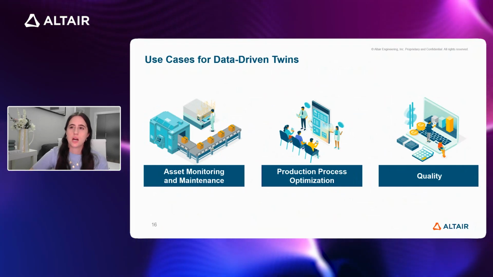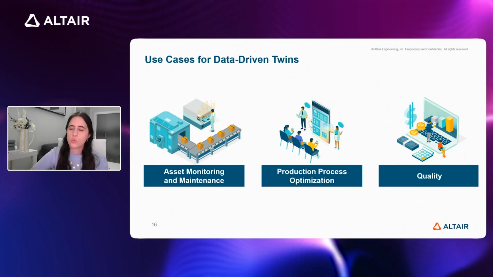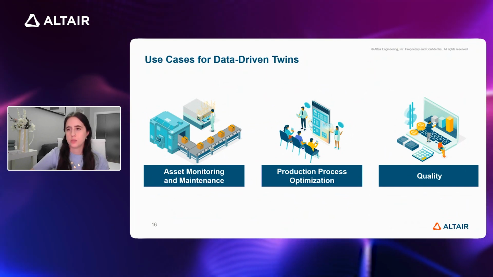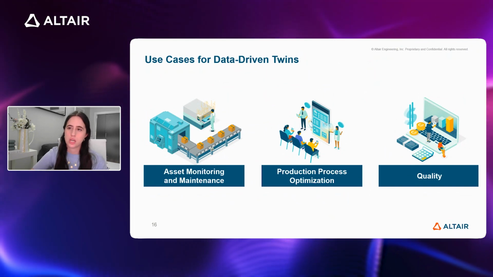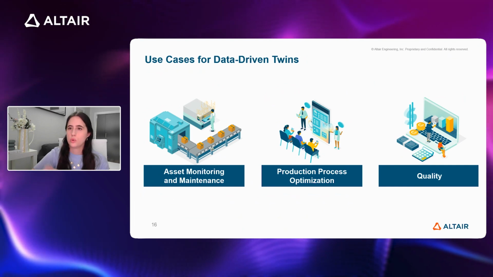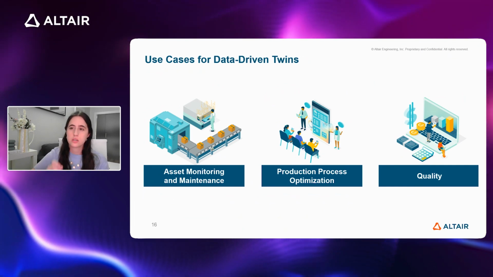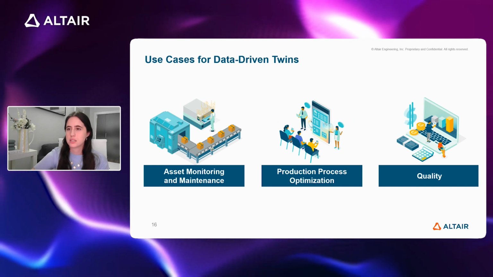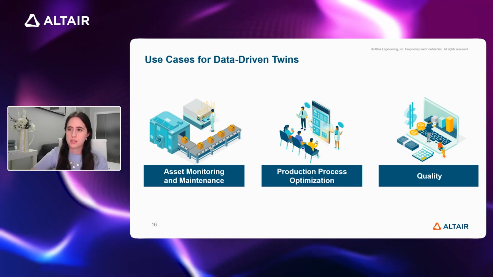So these use cases are the typical ones solved with data-driven twins. First one, asset monitoring and maintenance. All these use cases where a company wants to develop predictive maintenance models, monitor the equipment health, track the performance of the assets, and provide real-time diagnosis.